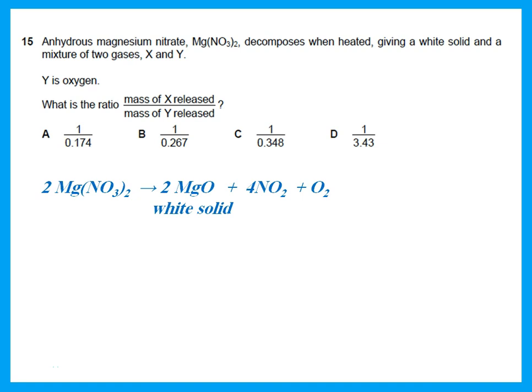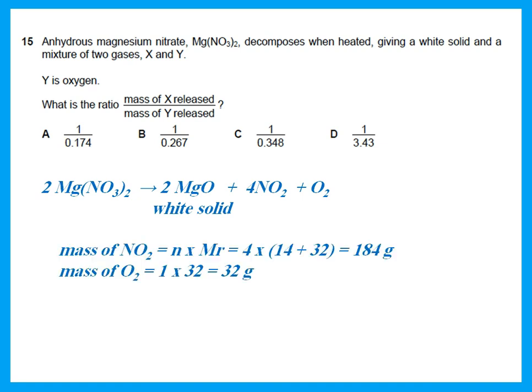What is the ratio between the masses of the two gases released? So he wants the ratio between the two masses. If we look at this equation, we will have 4 moles of NO2 and 1 mole of O2. I can use that to determine masses of these two gases because he wants ratios anyway.